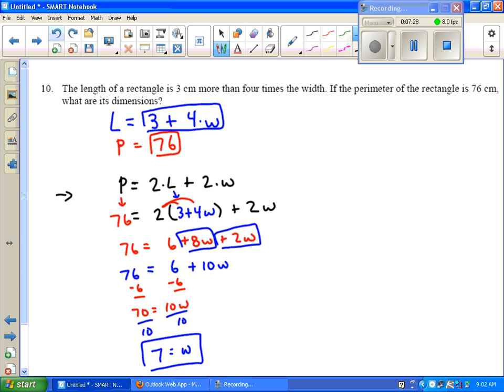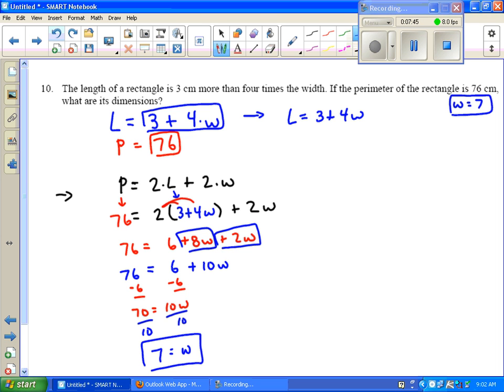So you have the value of W, it's 7. That's your width. That was the first thing you were looking for. Take that value, and in your equation L equals 3 plus 4W, all we did was take this one and bring it over.